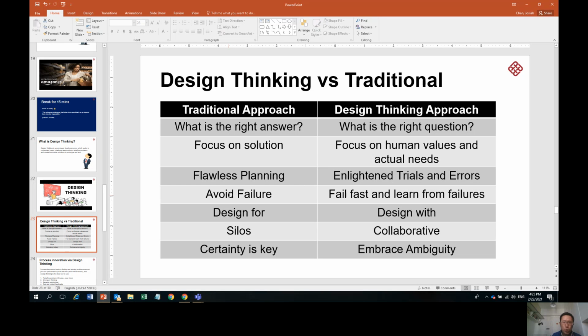The next point is that the traditional approach is design for. It means I'm the expert, I am going to design the solution for you, you just listen to me, I can find you the best solutions. But the design thinking approach is design with. It is designed with the end users.